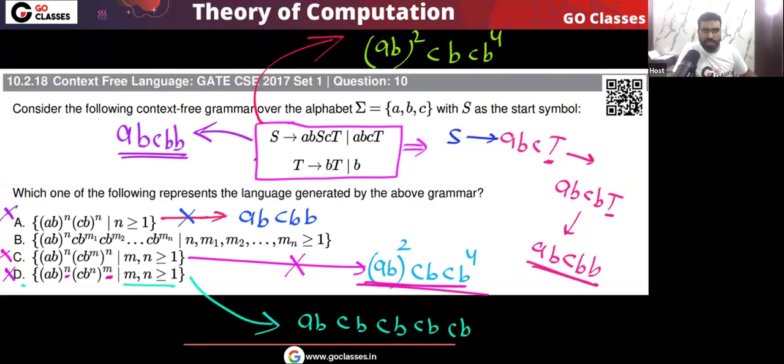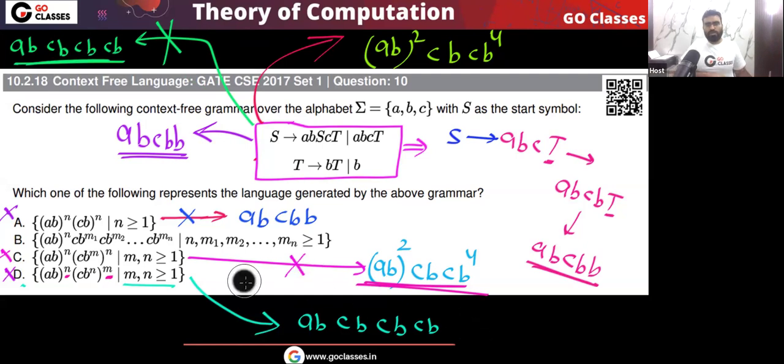This type of string you can generate, but this string is not generated by the given grammar. From the given grammar, we cannot generate this type of string like ab, then cb, cb, cb. Understood? So you can see that is the counterexample for option D. So option D is also wrong.